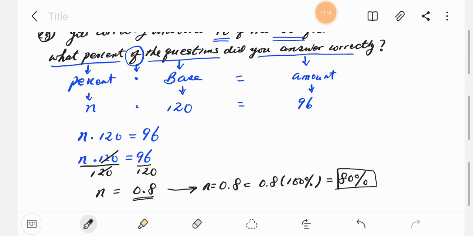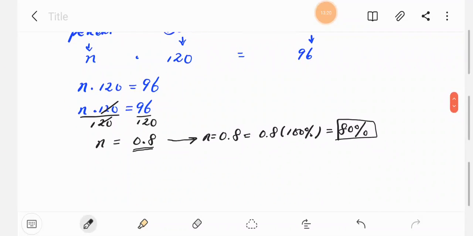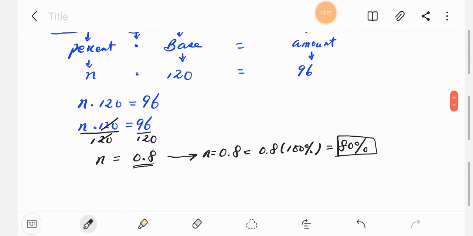So it is important to write the PBA equation, percent times base equals amount. Just replace 2 out of 3 variables with their values. So you answered 80% of the questions correctly.